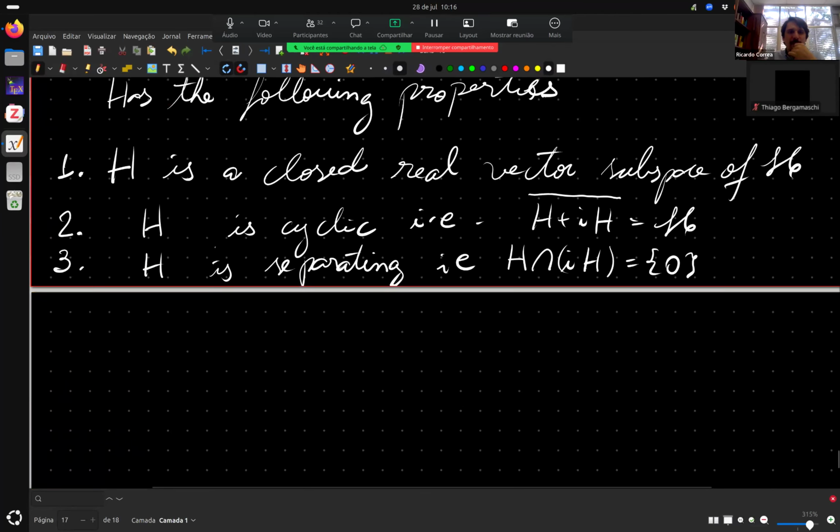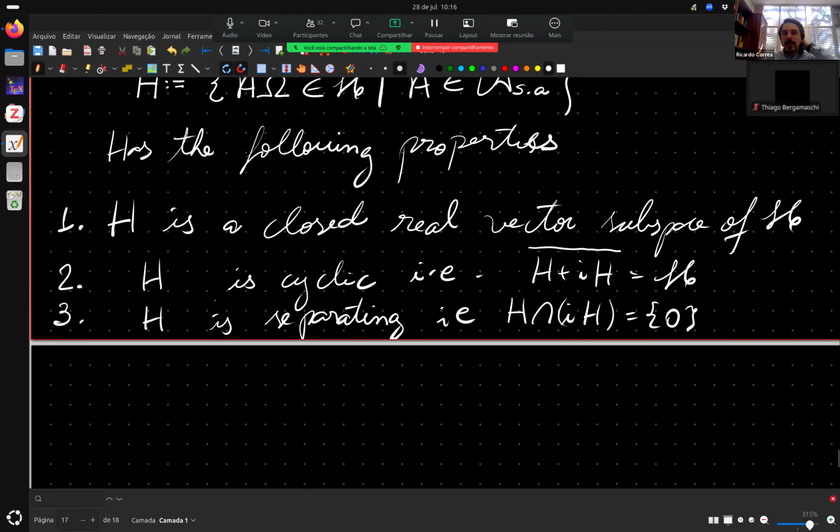Okay, this is what I'm going to call a standard subspace. Yeah, so some closed real vector space which is cyclic and separating will be called a standard subspace.